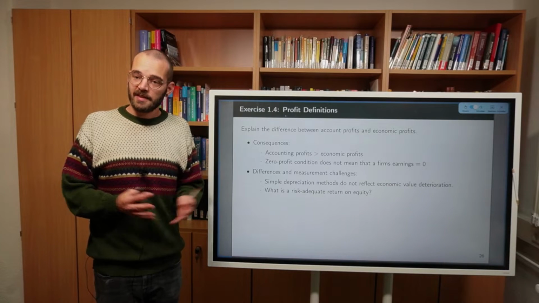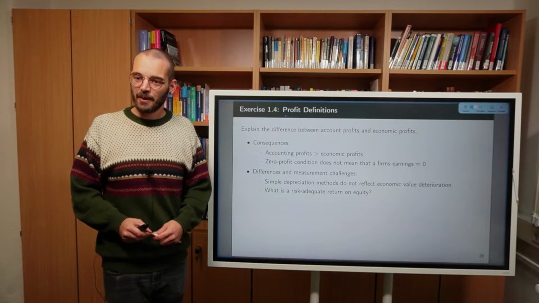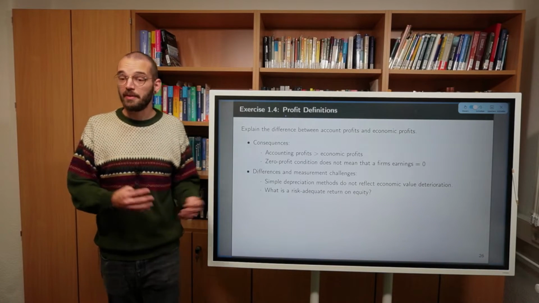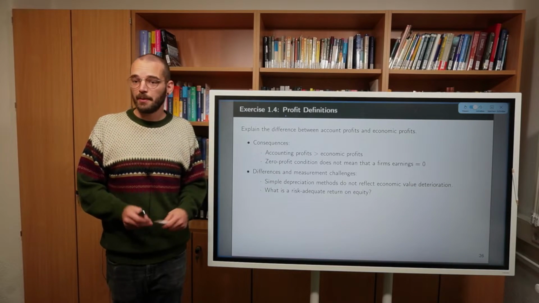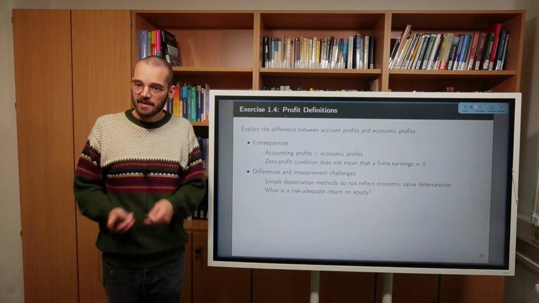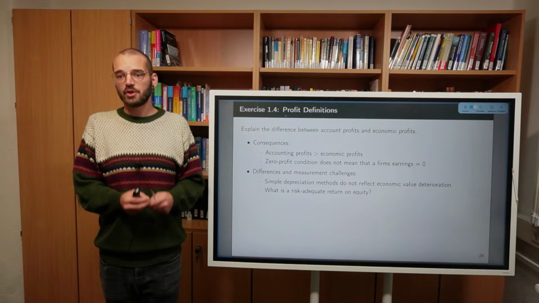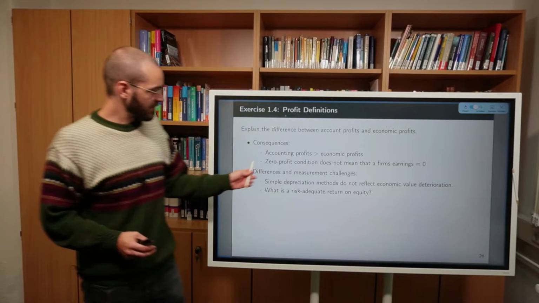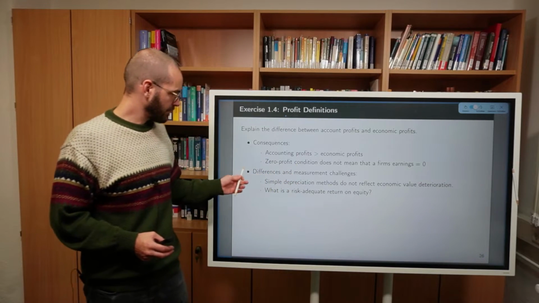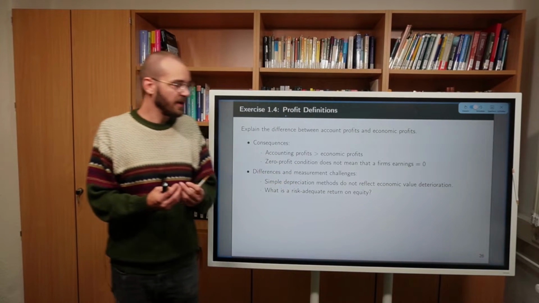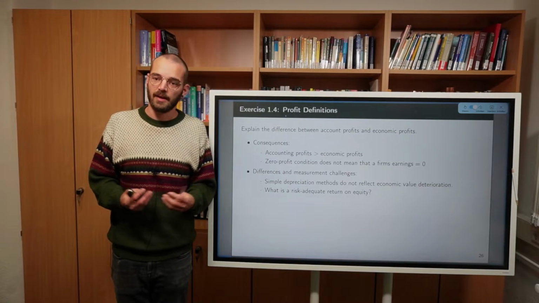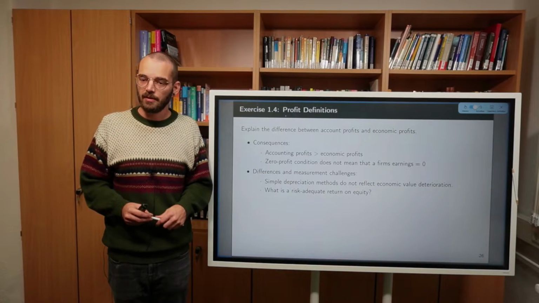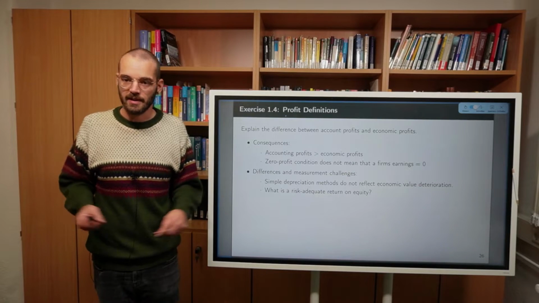So this is quite helpful, because when we were talking in previous videos on perfect competition, when we were talking about zero profits, that of course does not mean that the firm actually is making zero money, right? Instead, the zero profits condition allows for a risk adequate compensation for equity, returns to equity.